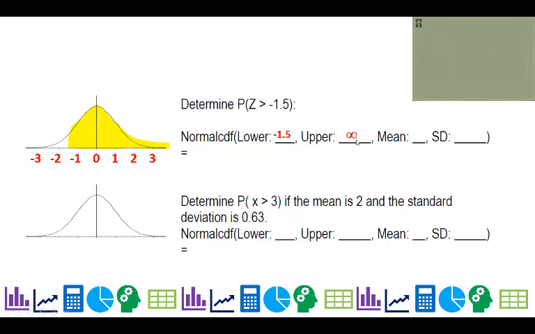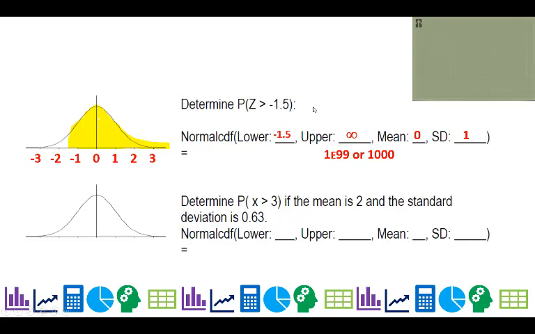My upper is technically infinity, and on the calculator I would use something like 1E99 or just a really large number like 1,000. My mean is still 0. My standard deviation is 1 because I'm dealing with z-scores, and the mean z-score is 0 because it's the distance from the average, and on average you're 0 from the average.